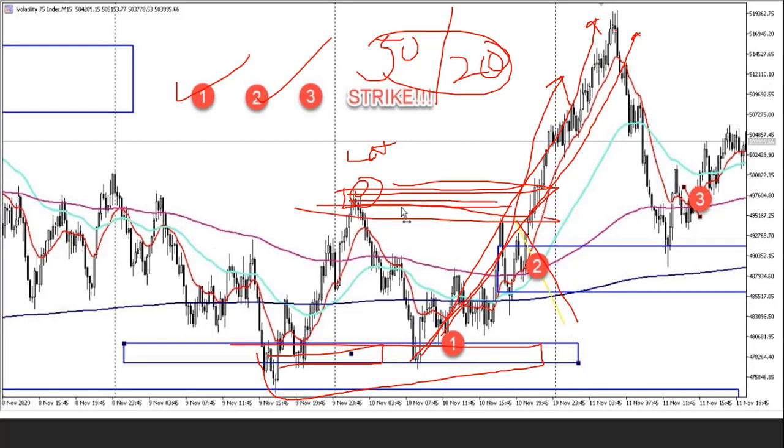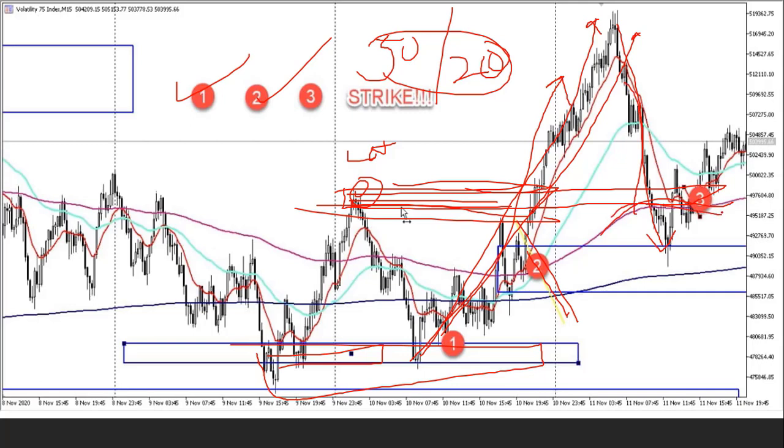After that, you need to see a retracement back to where? Back to the 200 EMA, or back to the point of breaking, or to an order block. This is what you need to see for you to use this strategy. Number one, we have a peak. Then we have a cross, then a retracement back to the 200 EMA.